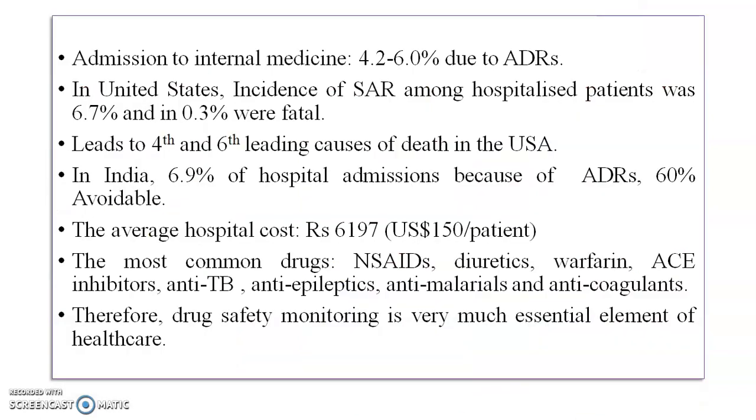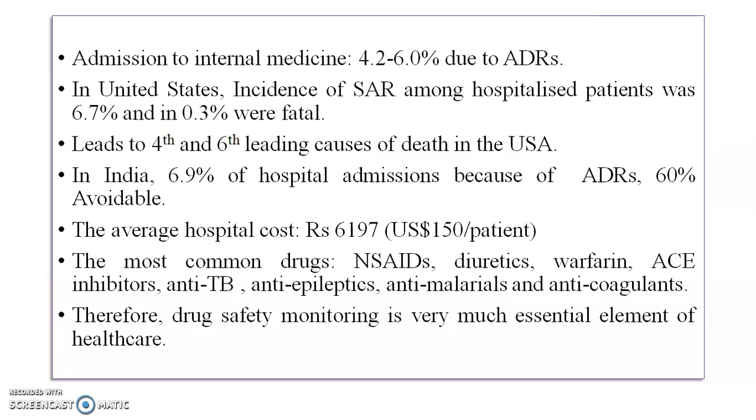Now there is epidemiology data which suggests that 4.2 to 6% of hospital admissions in internal medicine are because of adverse drug reactions. Another study suggests that in the United States, the incidence of serious adverse reactions among hospitalized patients was 6.7%, and the incidence of fatal ones was 0.3%.